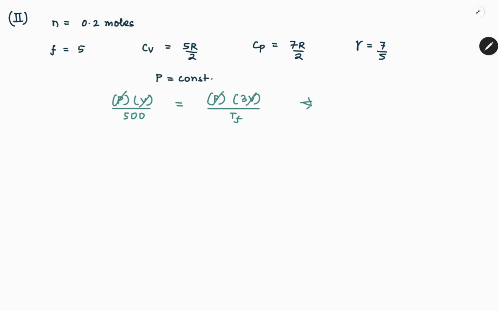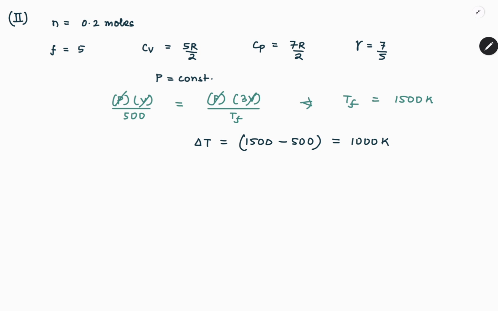So from here we obtain that final temperature is equal to 1500 Kelvin. So if we calculate the change in temperature taking place, change in temperature is 1500 Kelvin minus 500 Kelvin. So over here we can say that it is equal to 1000 Kelvin is the change in temperature that we have.